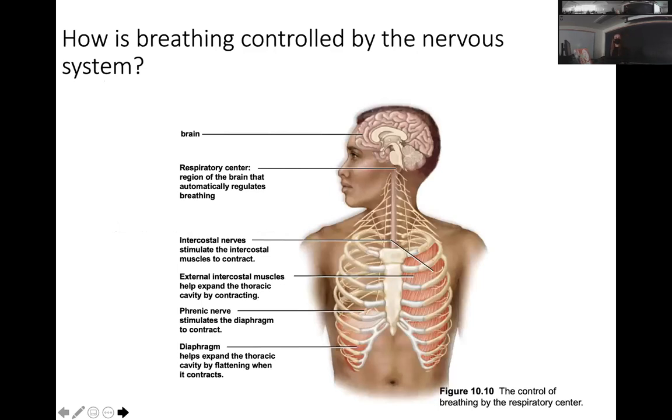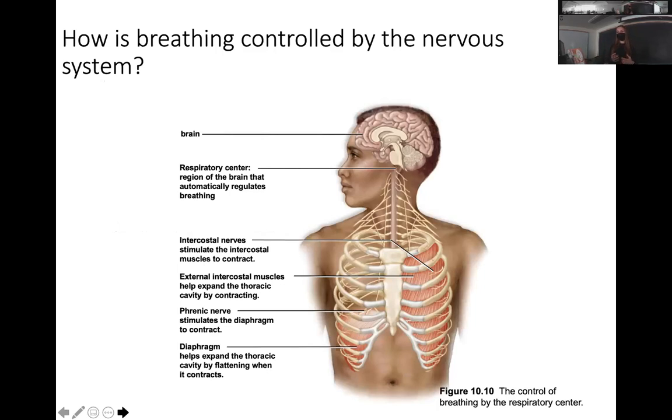At the beginning of class, like I said, how is your nervous system connected to your respiratory system, or how is our breathing linked to our nervous system? Well, one, we know that inhaling is an active process, so your body does have to somewhat tell itself to breathe in, even though it does seem like a passive act.